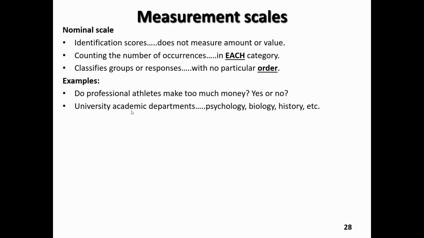Another example here relates to university academic departments. This is a nominal scale, so I might wish to count how many students are majoring in psychology, biology, history. Once again, there is no particular or natural order to these different categories, and there's no inherent value to these different categories. It's just how many students are registered in each of these particular academic majors.